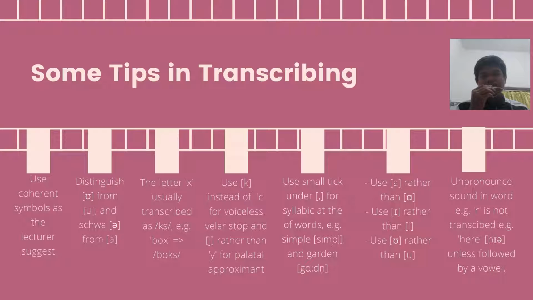And the fourth, use K instead of C and J instead of Y. And fifth, use a small tick under for syllabic consonants in words, for example, simple and garden. And the sixth, use the symbols rather than the letters. And the last one is unpronounced sounds in words. For example, R is not transcribed unless it's followed by a vowel.